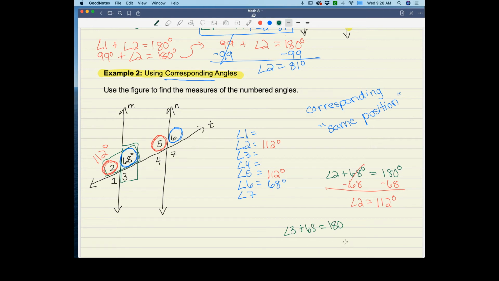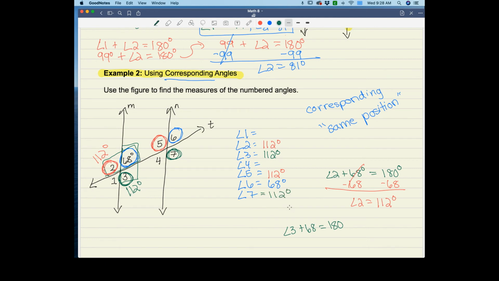That's the same problem. So if we do that, we're going to learn that angle 3 is also 112 degrees. Angle 3, 112 degrees. And then again, corresponding, angle 3 is going to correspond to angle 7. So angle 7 is 112 degrees.